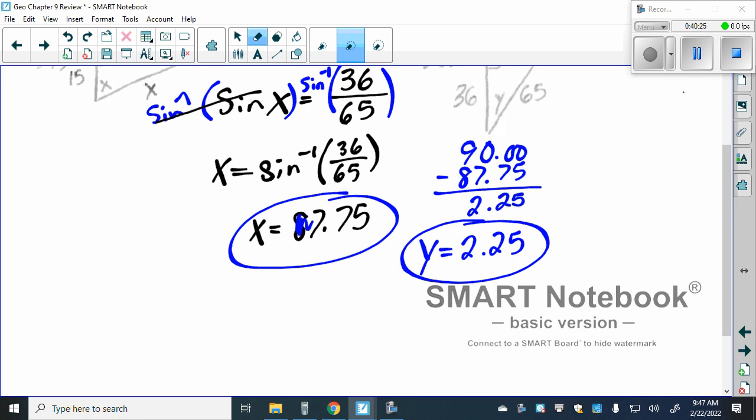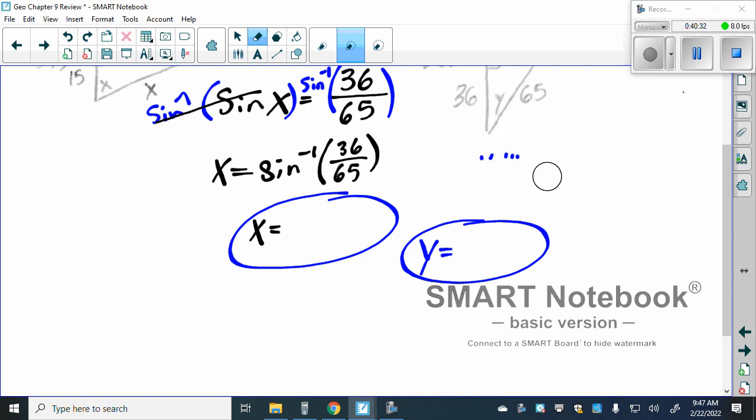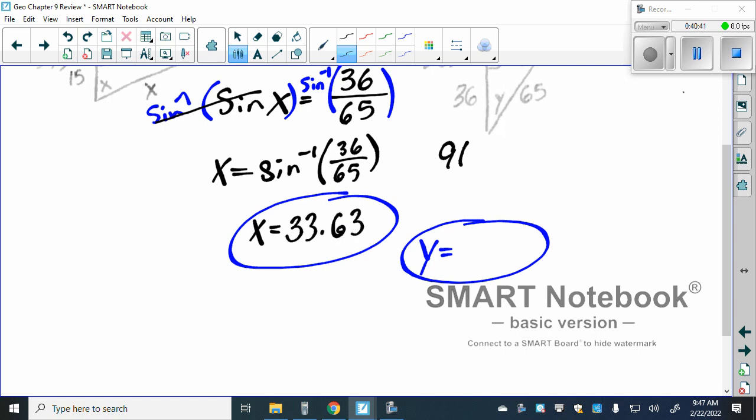For x, yeah, because that seemed a little big. So for sine, you got what? 0.63. And if we do 90 minus 33.63, 56.37. That makes a little more sense.